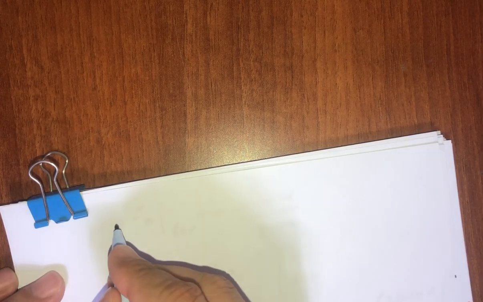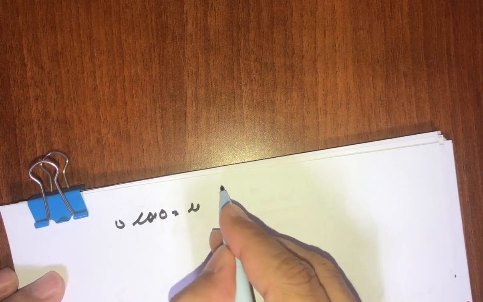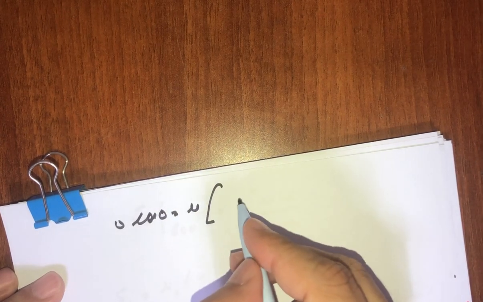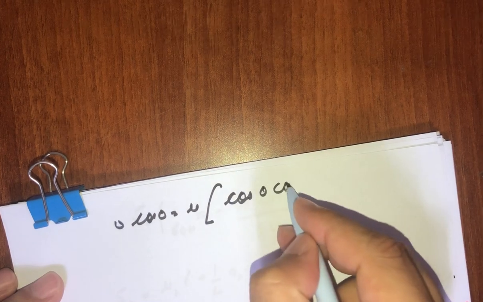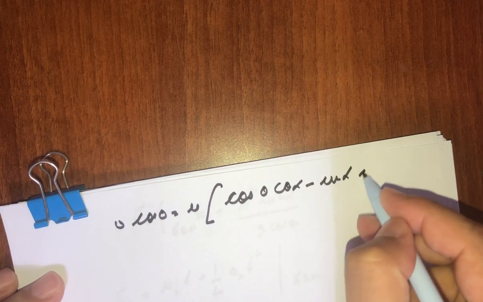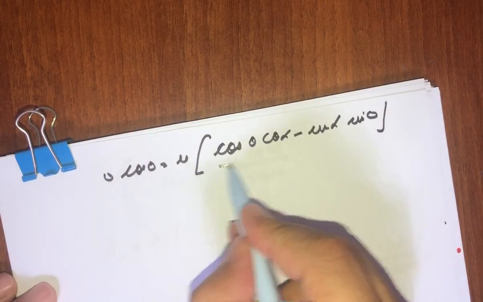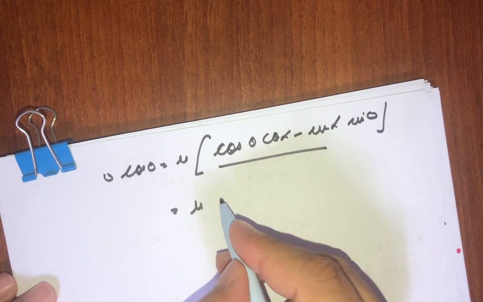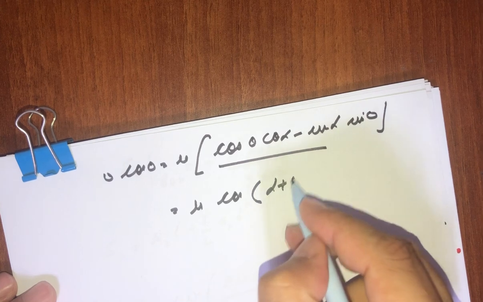So v cos theta is equal to u times cos theta cos alpha minus sine alpha sine theta, and this is nothing but u cos of alpha plus theta.